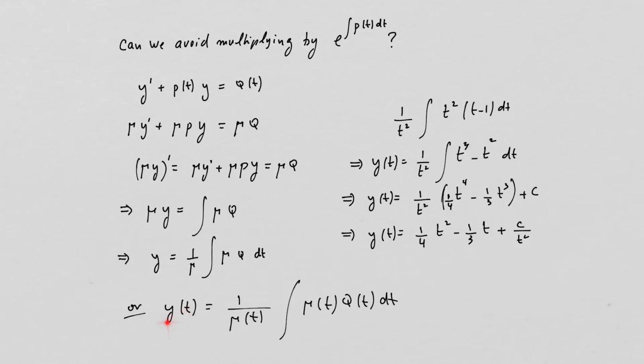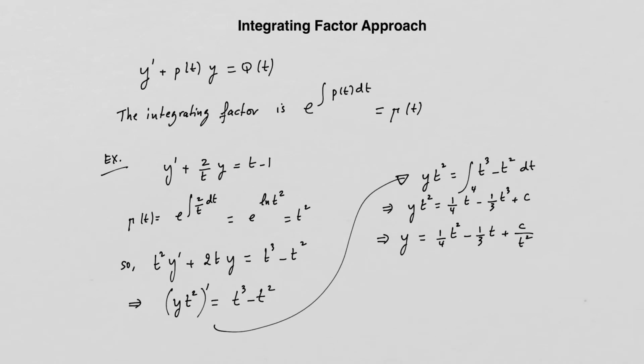So my solution is 1 over mu of t, remember mu of t is t squared, times the integral of t squared q of t. Q of t happens to be t minus 1.